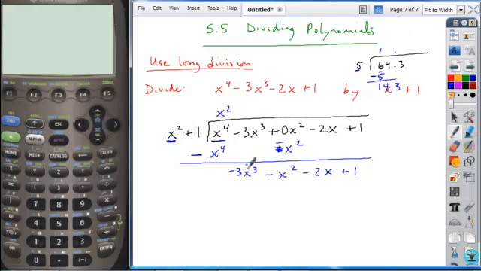So now x squared goes into negative 3x cubed how many times? The top one's just numbers, and then these are polynomials. I'm just showing that the process is exactly the same as if you were doing it with numbers.